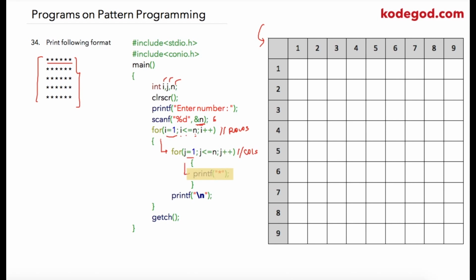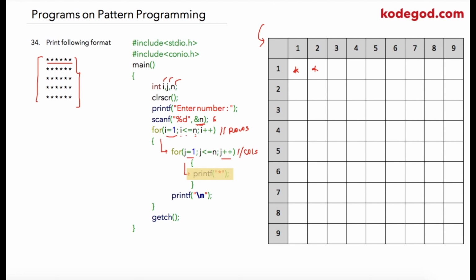So the controller will go inside the second loop and print my first star at this location. Then j will be incremented to 2. Again the condition will be checked, and because 2 is less than or equal to 6, that is a true condition, a second star will be printed.